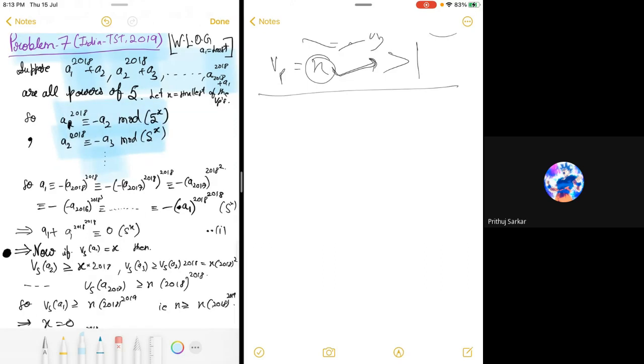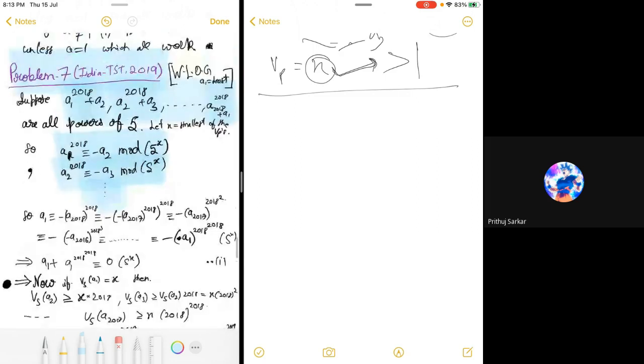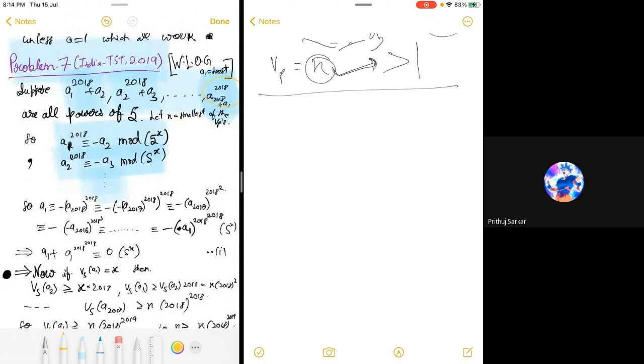So you can just do a1 is congruent to minus a2018 to the 2018. I got this from the last thing here. And now this is congruent to minus of minus a2017 to the 2018, to the 2018. This is because a2018 is congruent to this thing.